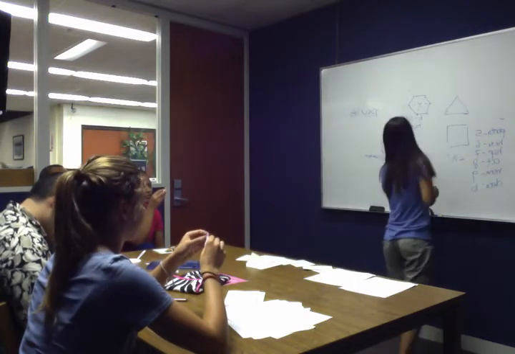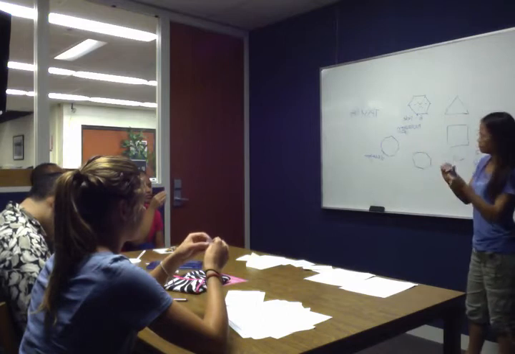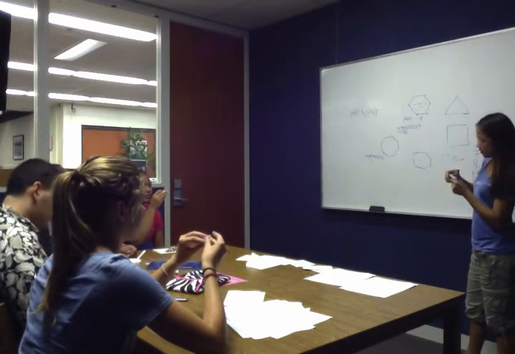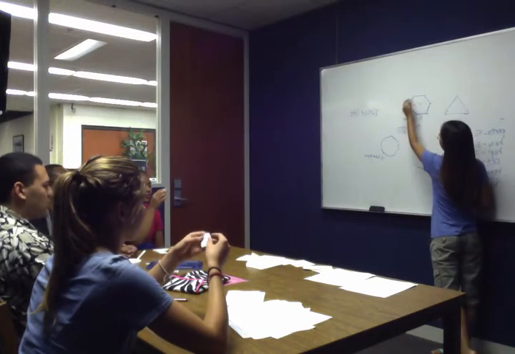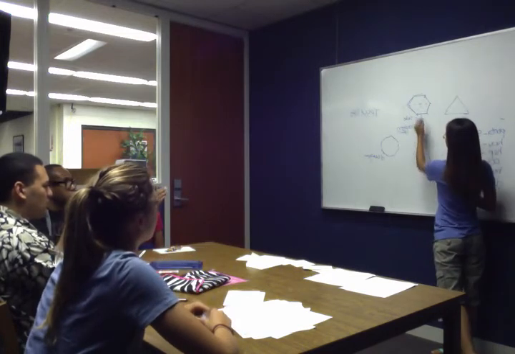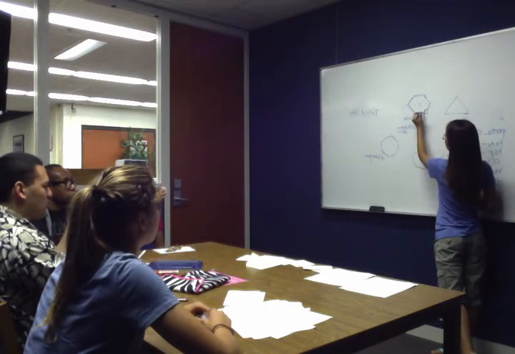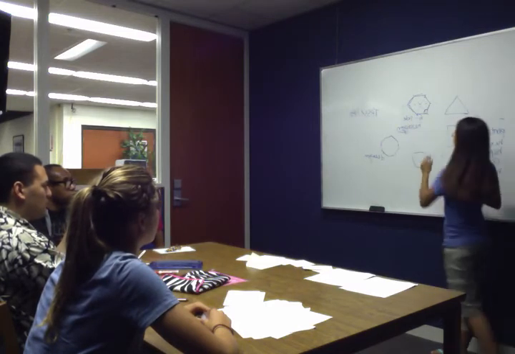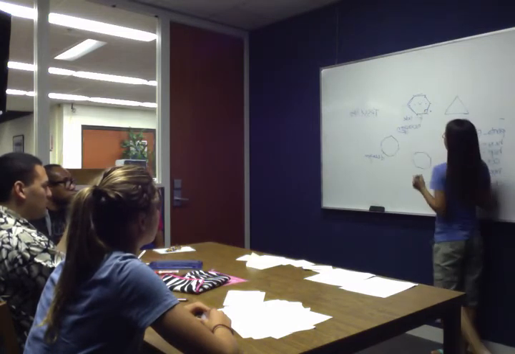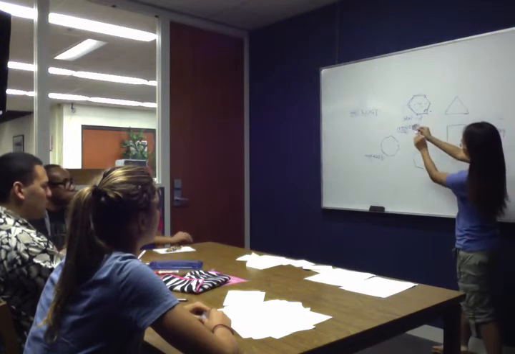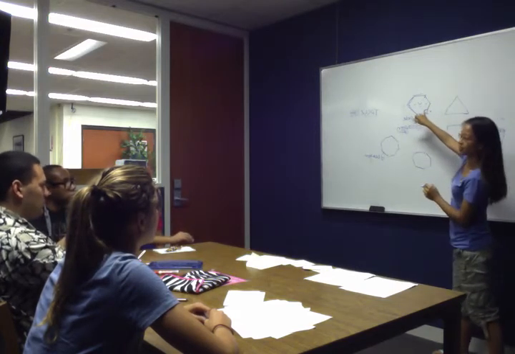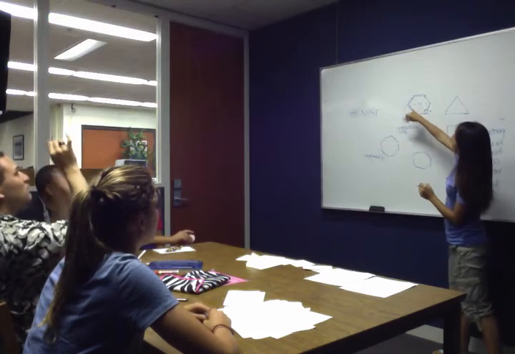Now, something special about these shapes is that when we have sides, we'll also get angles. What is this thing over here called? Angles. It's measured in degrees. So if we have 6 sides, how many angles are we gonna get? 6 angles.